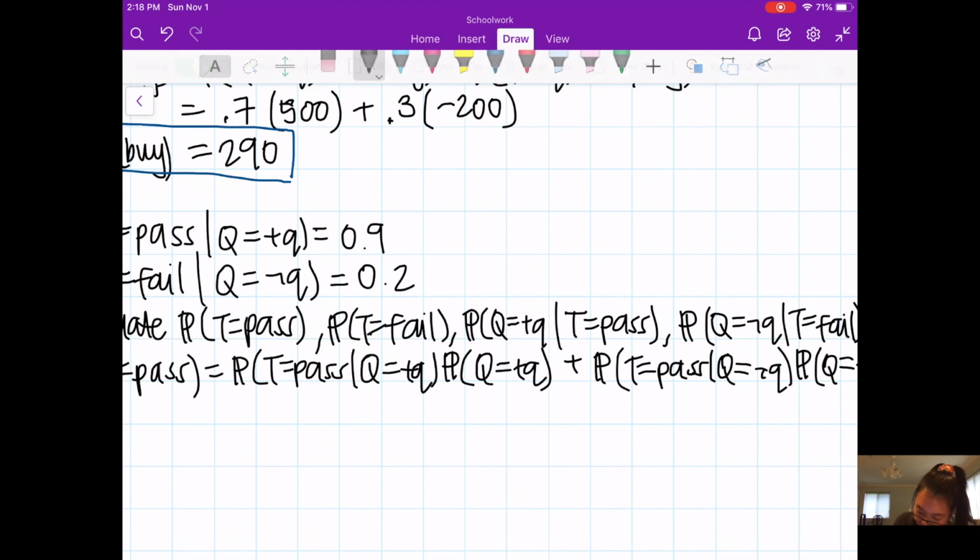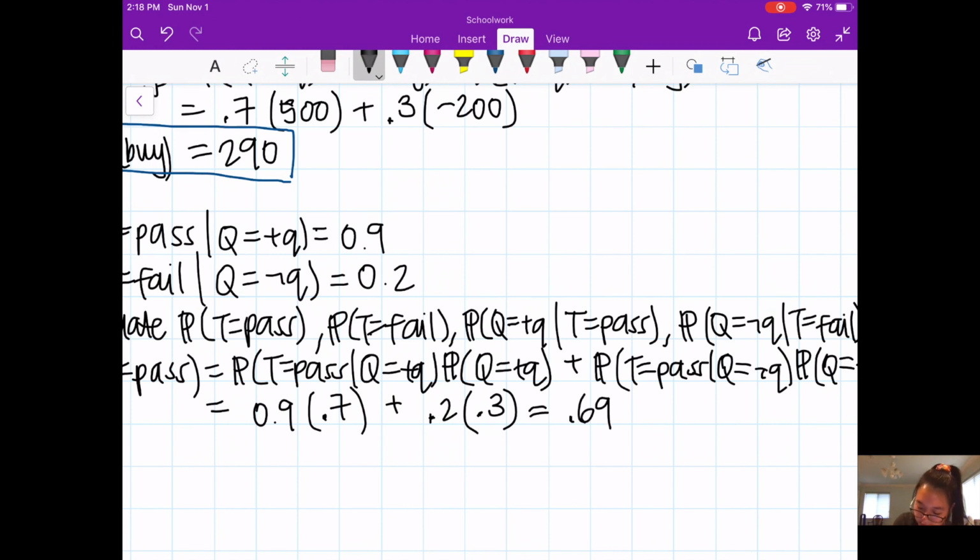So from above, we know that this first value is 0.9, and the probability that Q is good from the previous part we know is 0.7, and then here we know that term is 0.2, and the opposite value is going to be 0.3 because it's 1 minus 0.7. This will end up giving us 0.69 as a result. So for the probability of passing, the result is going to be 0.69.